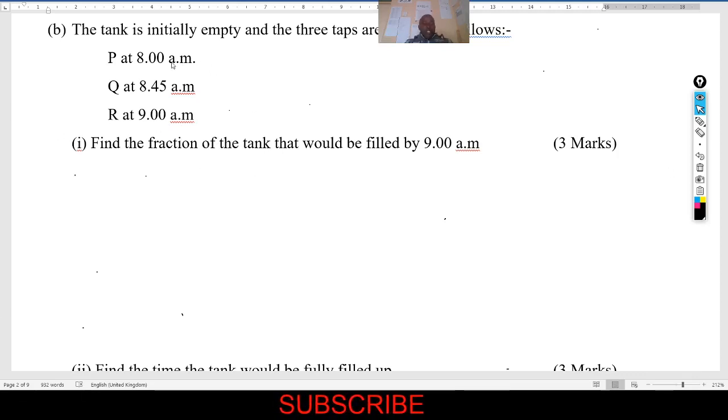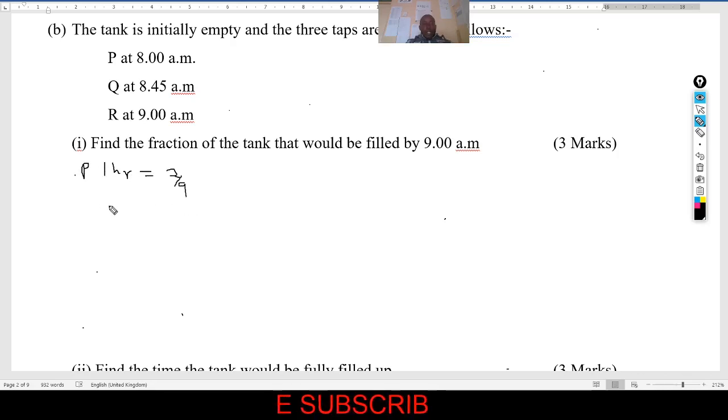By 9 a.m., that means we find the fraction of water that P shall have filled and also Q shall have filled. Remember, from 8 to 8:45, P will be alone. So the water filled by P alone, remember we said that P in 1 hour fills 2/9 of the units.